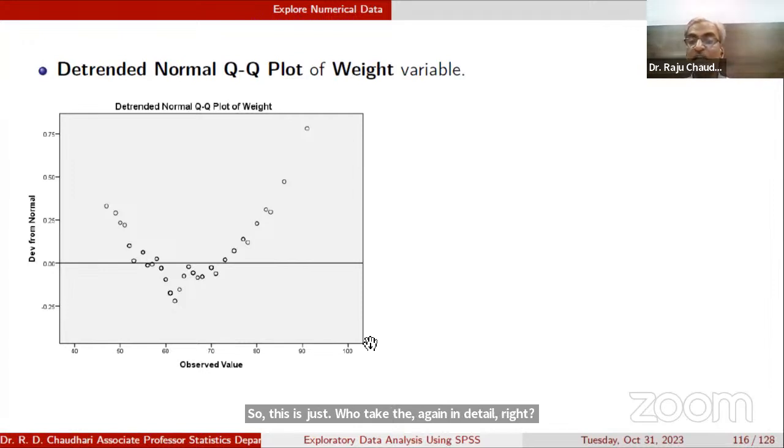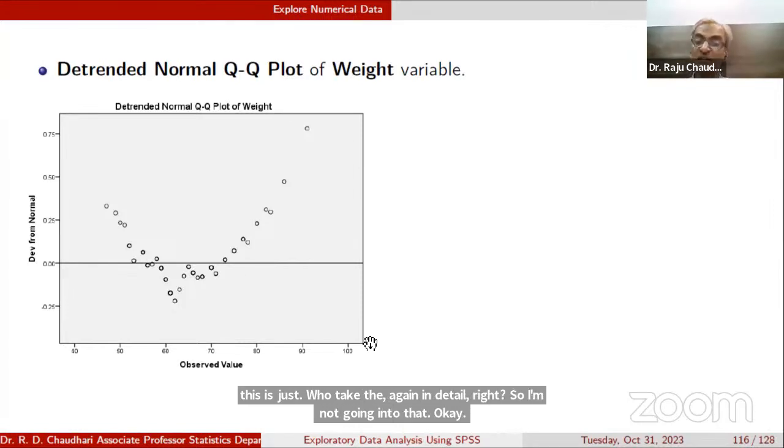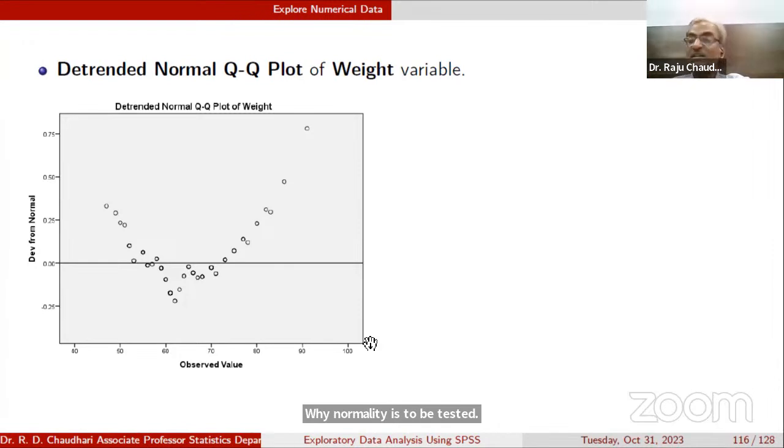Okay, why is normality to be tested, Prashant? Because in statistical theory, we have different kinds of tests. We have the t-test, chi-square test, z-test, ANOVA test, right? Some tests are parametric tests, some tests are non-parametric tests. For parametric tests, like the t-test and z-test, only if your data is normally distributed can we apply the t-test.